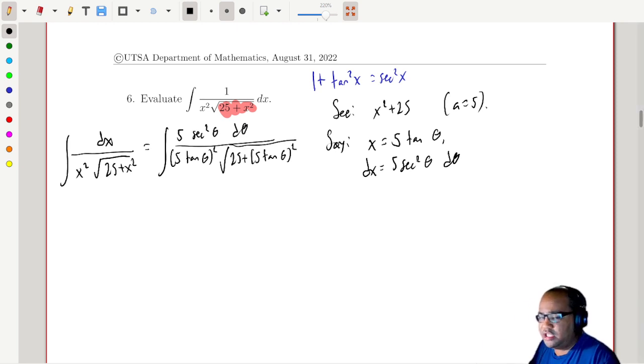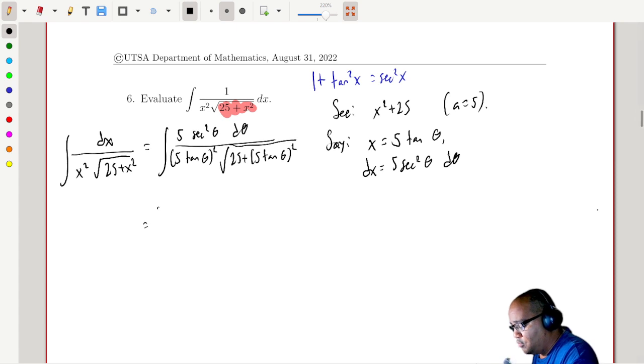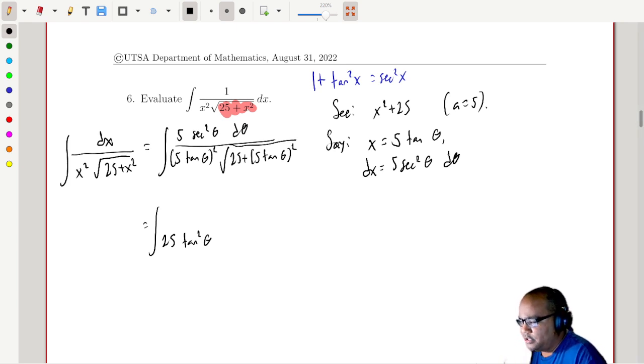All right, now we're just going to go through and clean up. I won't move the constants out just yet. Let's work on the bottom first. So 5 tangent theta squared. 5 squared is 25, and tangent squared is just tangent squared. Inside the square root, we see what 5 tangent squared is. We get a 25.